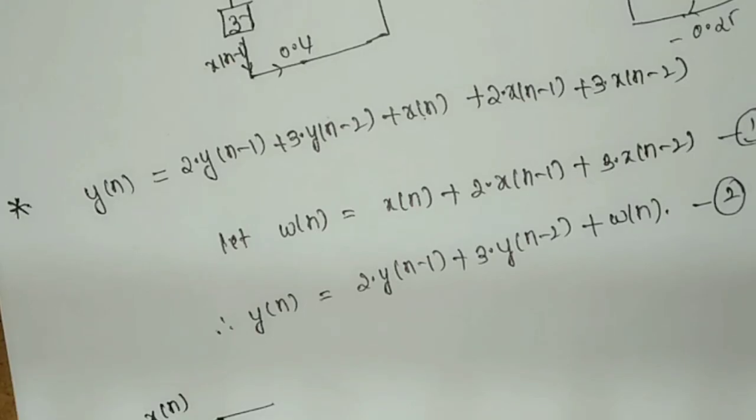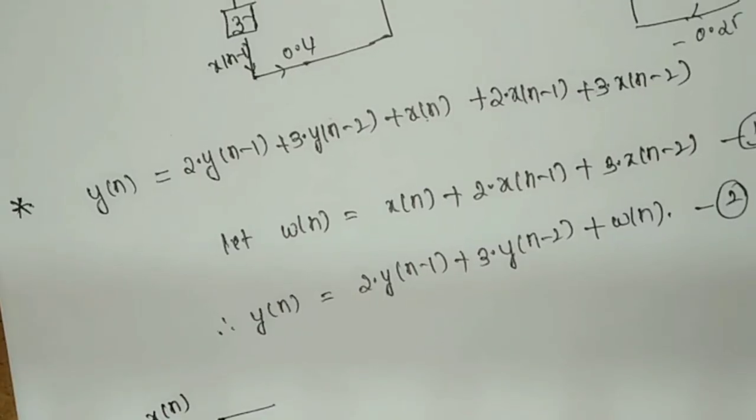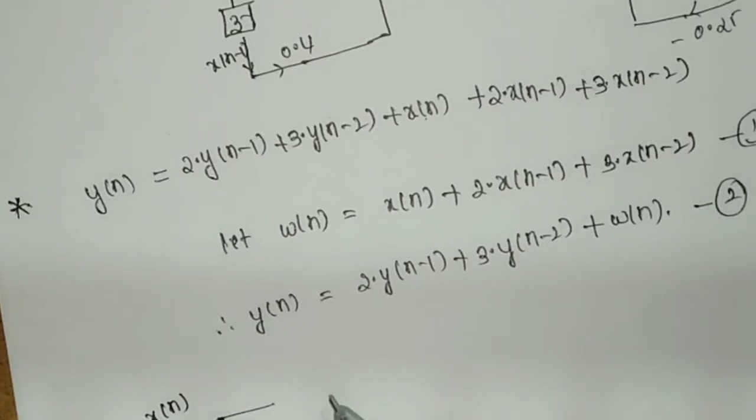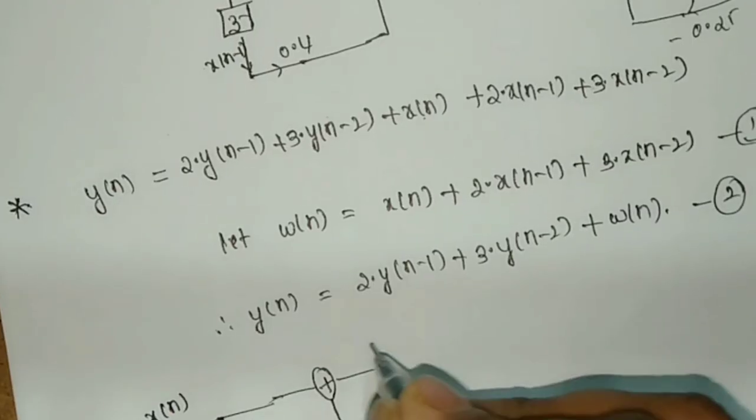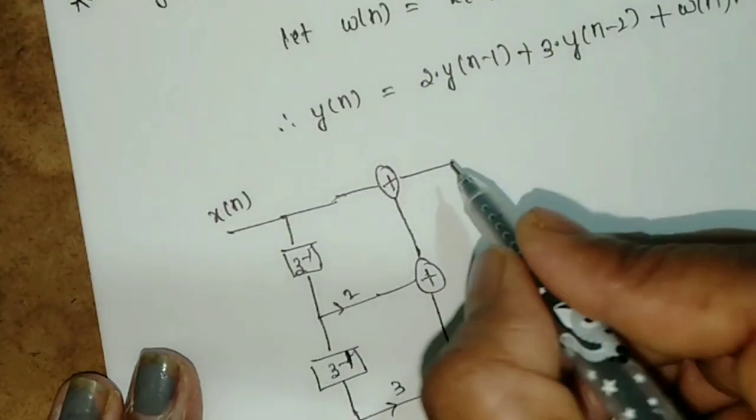Next is z power minus 2, which will be multiplied with 3. So here the output is 2 into x of n minus 1, and 3 into x of n minus 2, and these two will be added here, and you are going to add this point to this. So you got w of n.